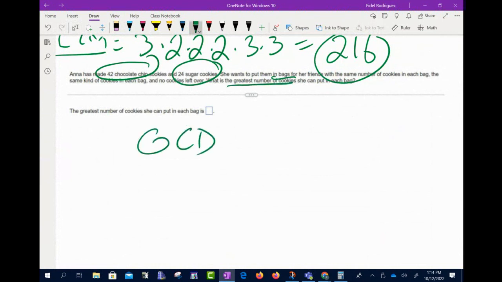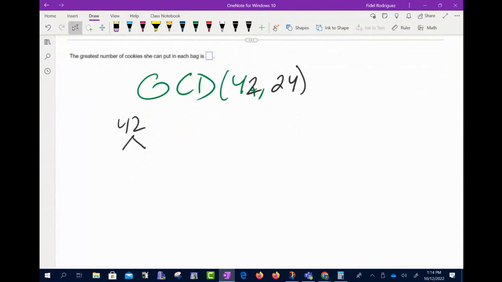I'm really looking for my greatest common divisor between 42 and 24. Okay, so we can find the greatest common divisor. We've done this before. 42, I know, is 6 times 7, and 7 is 2 times 3.